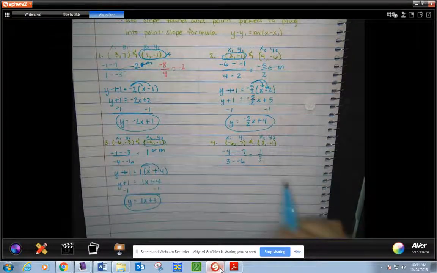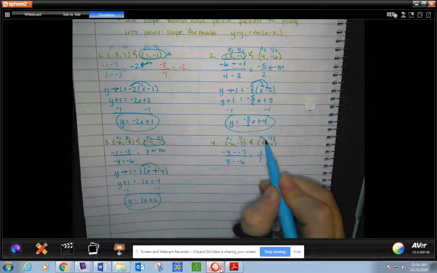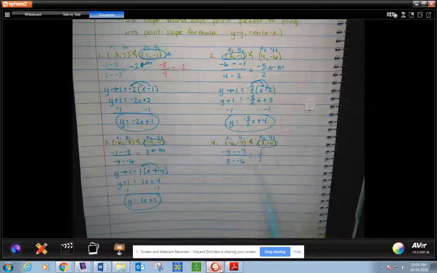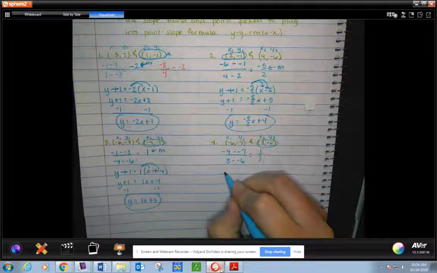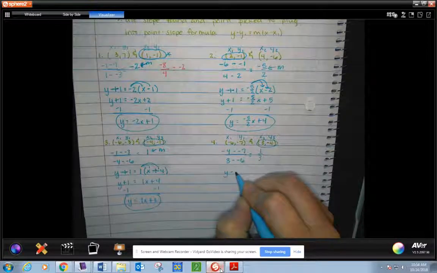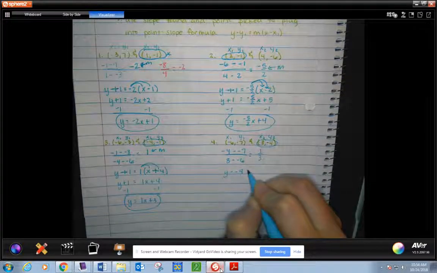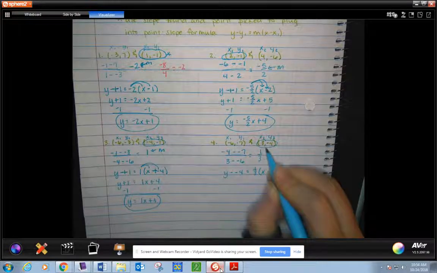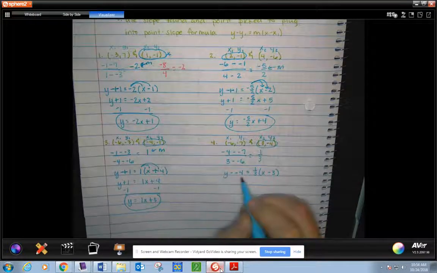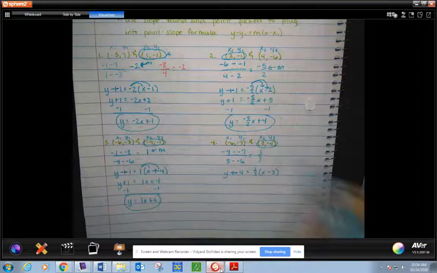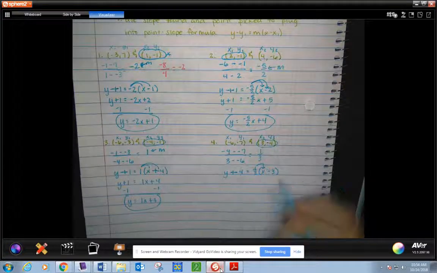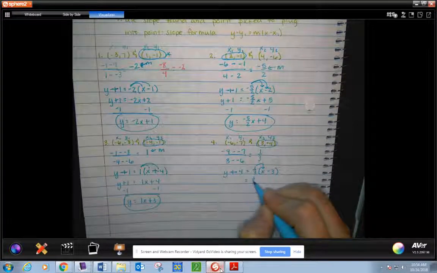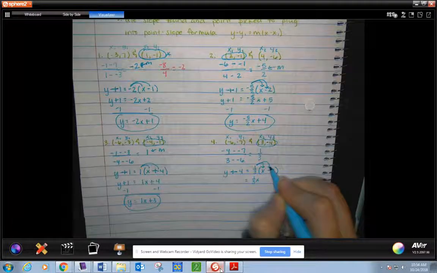And then I'm going to pick a point. I'm going to pick 3, negative 4 this time because those numbers are smaller than 6 and 7. So I'm going to do y minus, and the y I picked was negative 4, equals 1/3 times x minus, and the x that I picked is 3. The first thing I'm going to do is change my double negative, and now I'm going to distribute. 1/3 times x is 1/3 x, and 1/3 times negative 3.